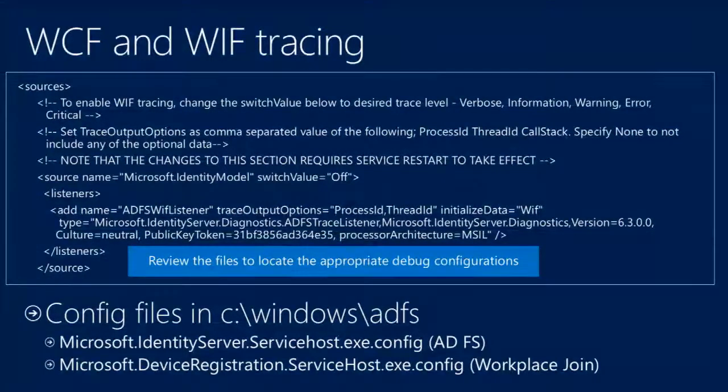You're looking in there for one which controls ADFS settings, which is the services host.exe.config, and the other one, which is the device registration service, which, if you remember, is about workplace joined devices. So if you need to do some additional debug, you can turn that on. Once again, if you turn this tracing on, make sure you turn it off.